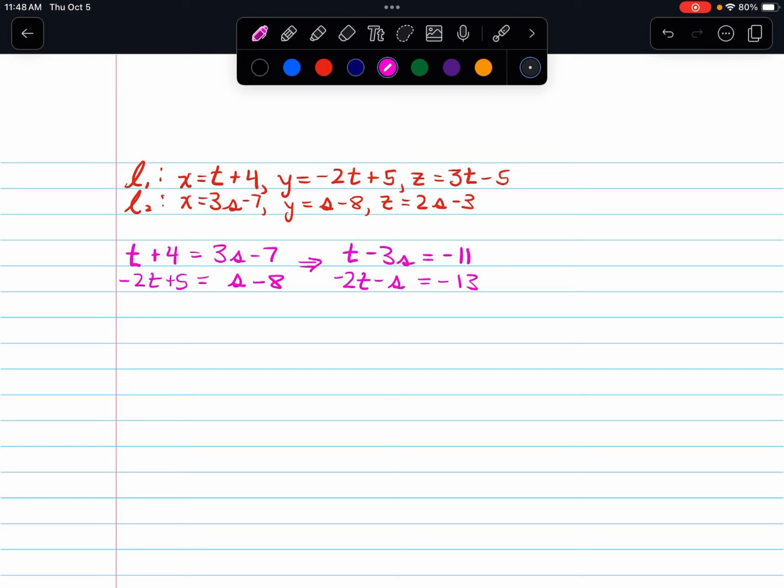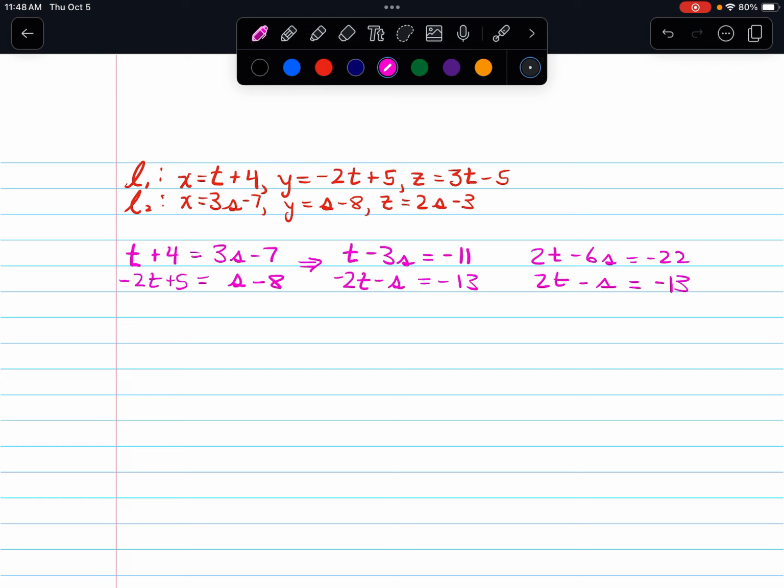This is just a system of equations to solve, and probably a good way to solve this would be by elimination. Multiply the top equation by 2, and I get 2T minus 6S equals negative 22. And then I've got negative 2T down here minus S equals negative 13.